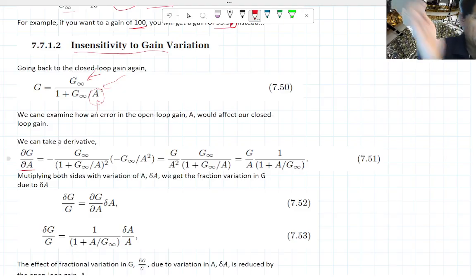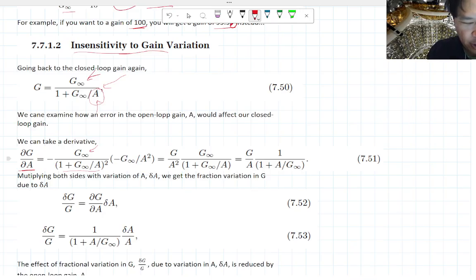If you take a derivative and apply the chain rule, you end up with g infinity over 1 plus g infinity over A, squared, because the fraction has a power of -1, so you decrease that power by 1 and get -2. Then you multiply by the derivative of what's inside, which is minus g infinity over A squared. The book lays out the algebra pretty well.